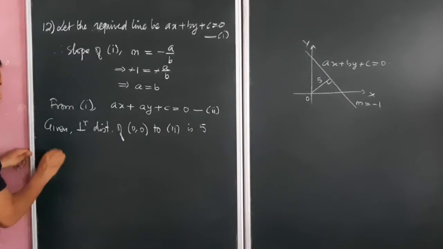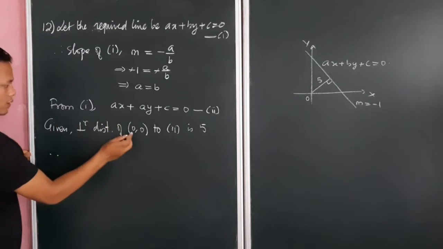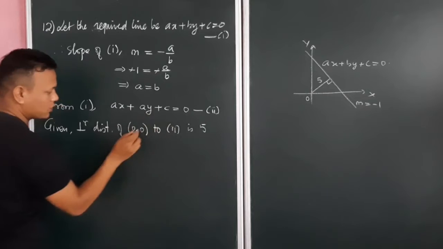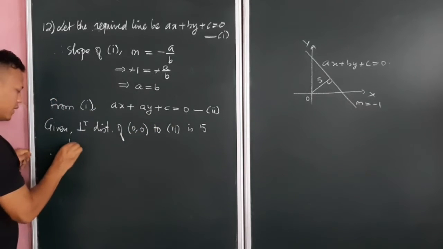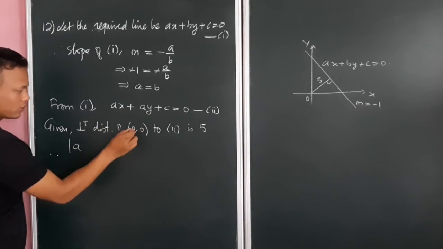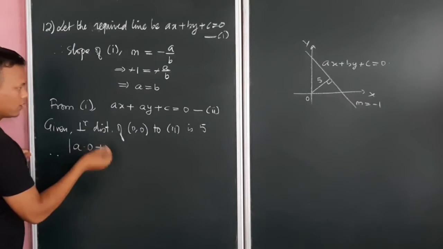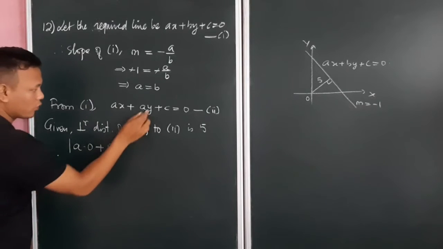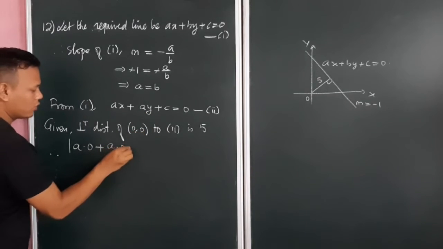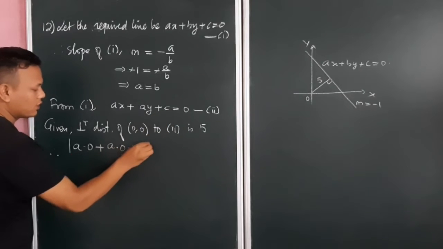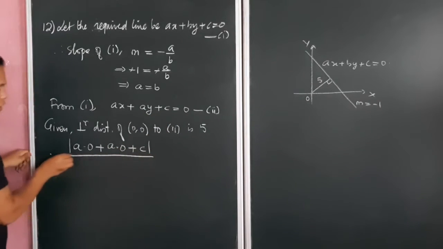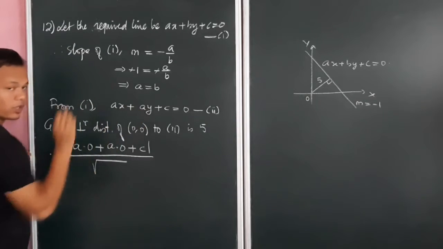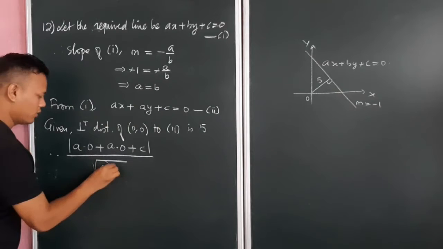So here this is my x1, y1. The perpendicular distance to this line will be the modulus of a x1, which is 0, plus b y1, but here b is a and y1 is 0, plus c, whole divided by the square root of a square plus b square, that is a square plus a square.